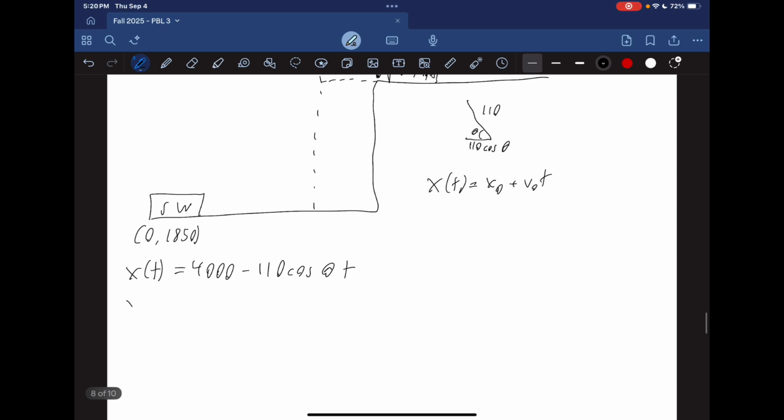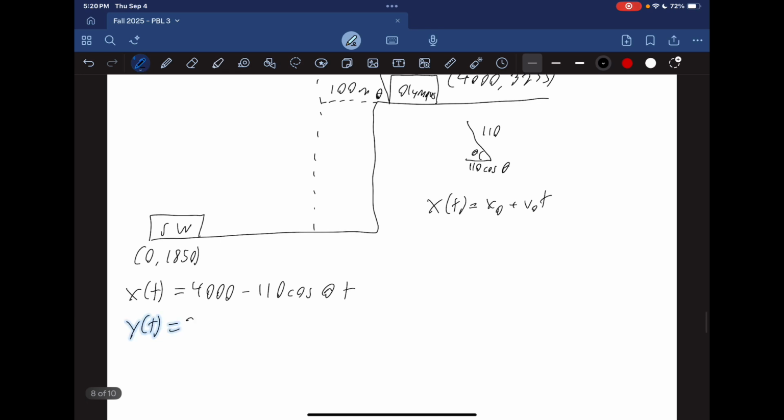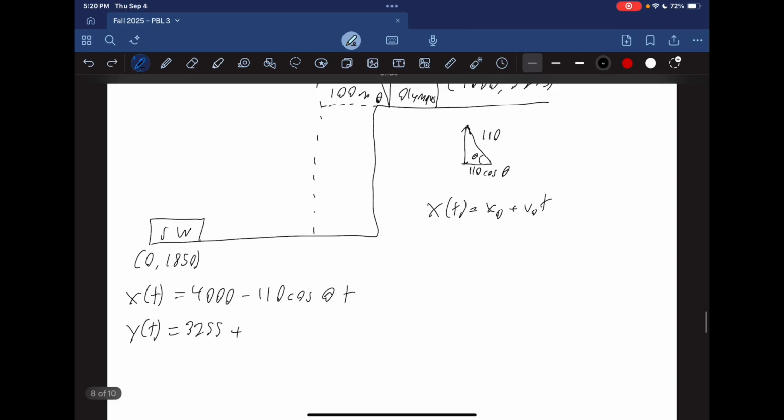For our y displacement, we have our initial y, which is 3255. And then this is going to be plus, because it's moving in this same direction along this vector, which we've determined to be the positive direction for y.